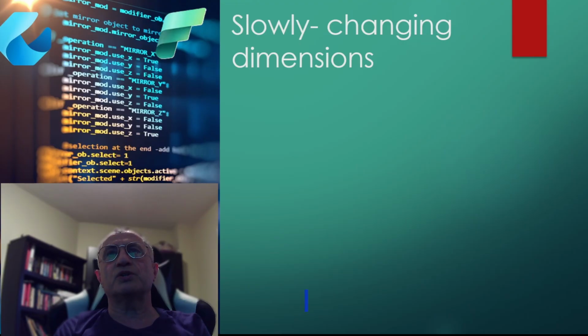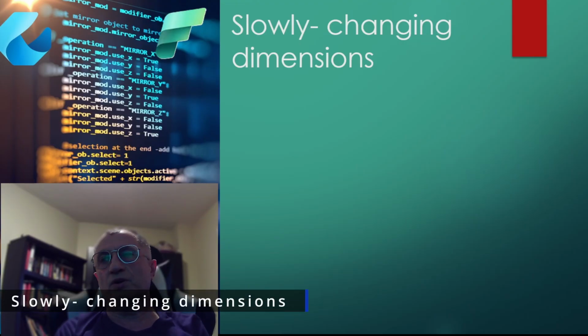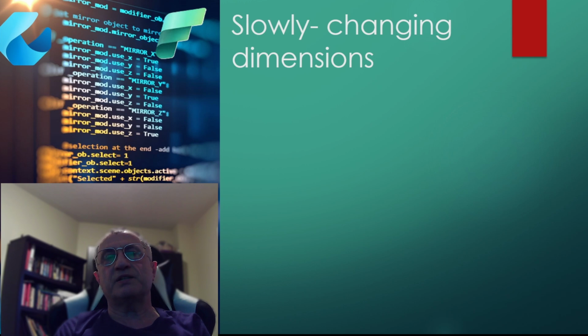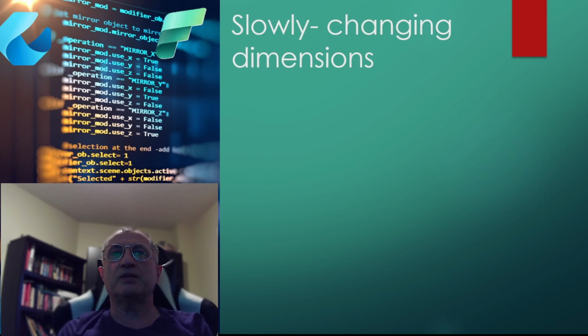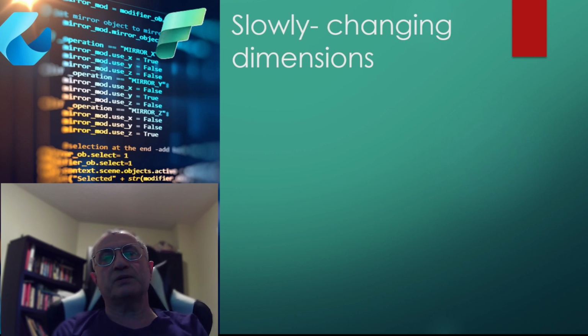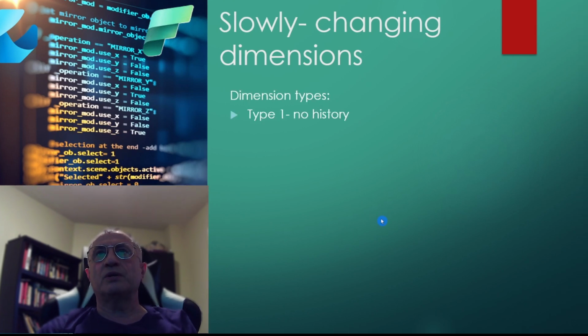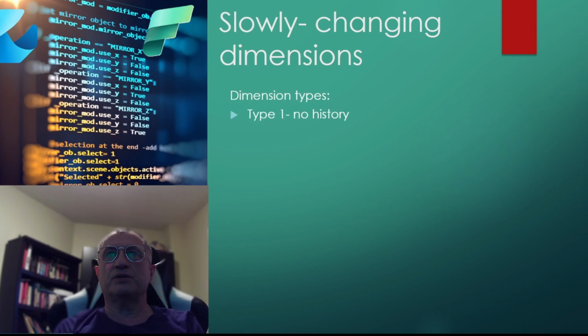The term slowly changing dimensions, you may have heard in the past, classifies dimension tables into a few groups, depending on the requirement to store historical change. Tables that require no change tracking are called type 1 dimension tables.